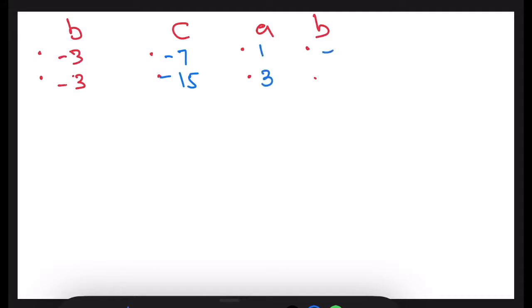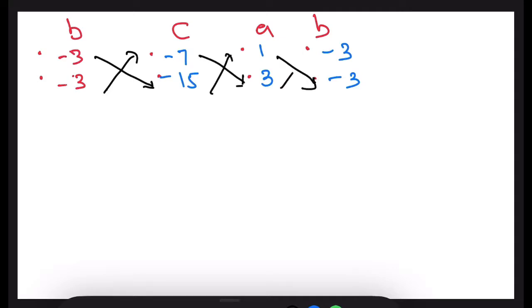Again B is minus 3 and minus 3. Now cross multiply. From top to bottom, bottom to top, top to bottom, bottom to top, top to bottom, bottom to top, and for the first cross you write x, for the next cross you write y, and for the last you write 1.